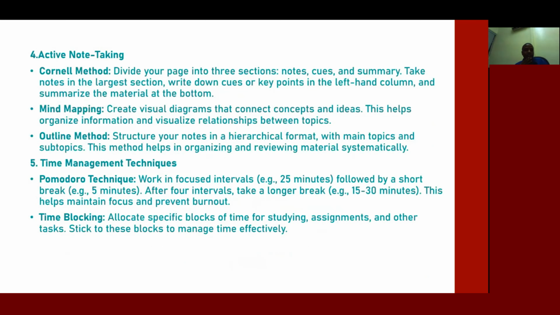There is the active note taking. Now, if you're listening to a lecture and you're not taking notes and someone else is taking notes, the person who is taking notes at some point is able to understand the concept, and later they can go through the short summarized notes that they noted down, and they'll be able to remember all the content the way it was, other than someone who is just listening.